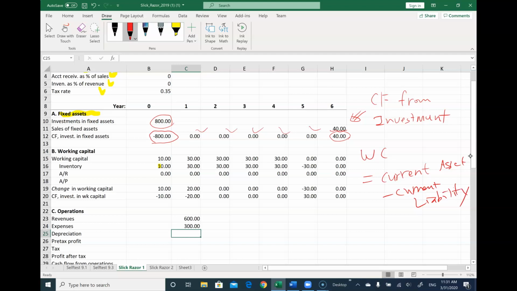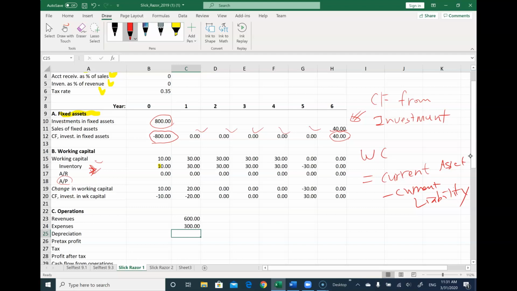Right? So we will pay attention to what happens to the inventory, what happens to the account receivable. So these are current assets, and account payable is the current liability. So we will trace the changes in current asset, current liability, and record the level of these variables in each year.